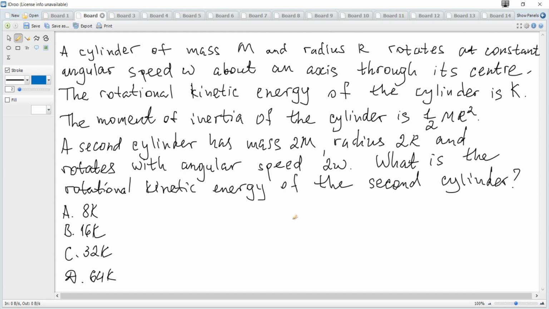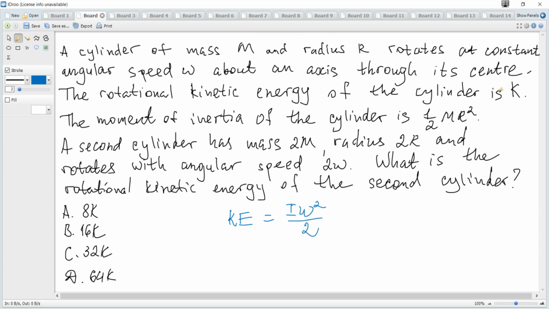Since it's about rotational kinetic energy, we need a formula, and the formula says that rotational kinetic energy is equal to the moment of inertia times omega squared over 2.